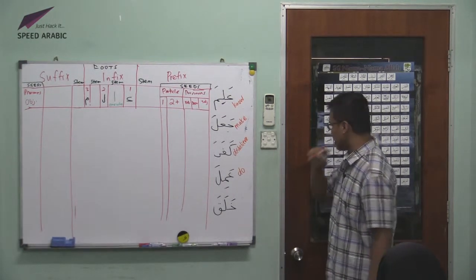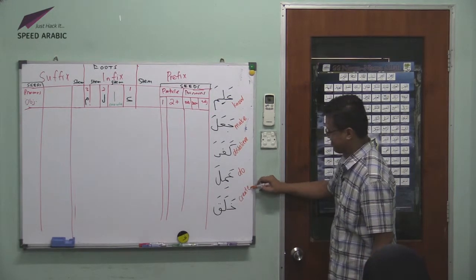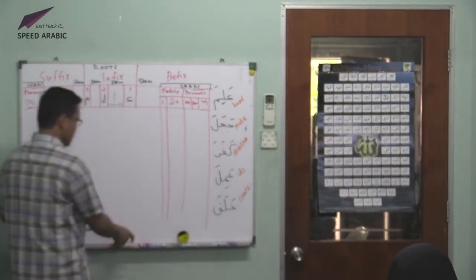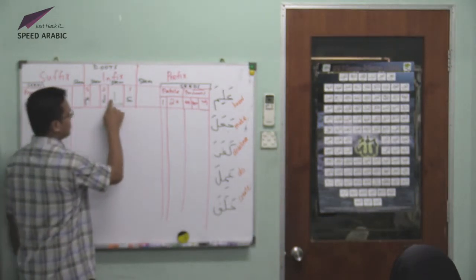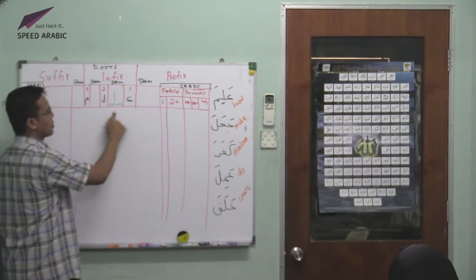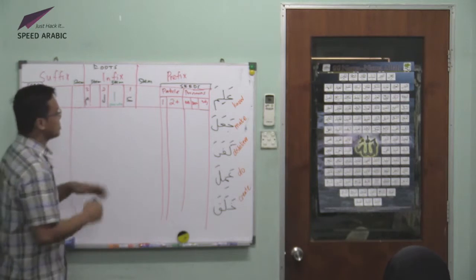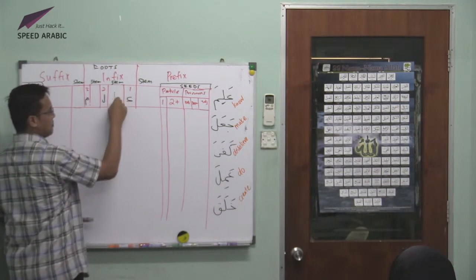Khalaqa, create. Khaliq, makhluk, and so on. So when we put an alif after the first root, it means one who.